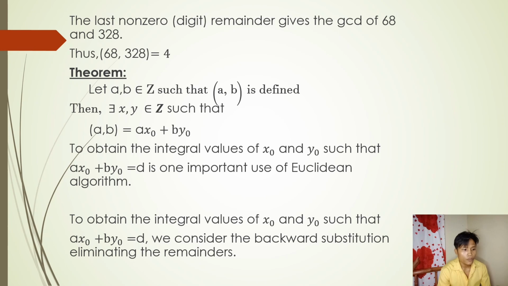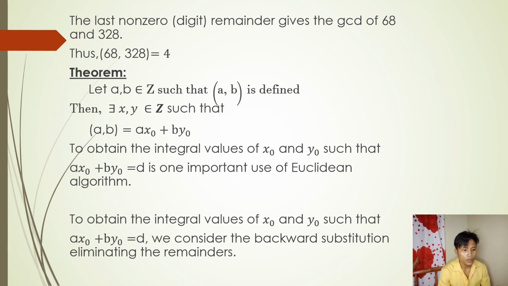So let's solve for our theorem. Let a and b be elements of the integers such that the GCD of a and b is defined, then there exist x and y elements of the integers such that the GCD of a and b is equal to a x sub 0 plus b y sub 0.